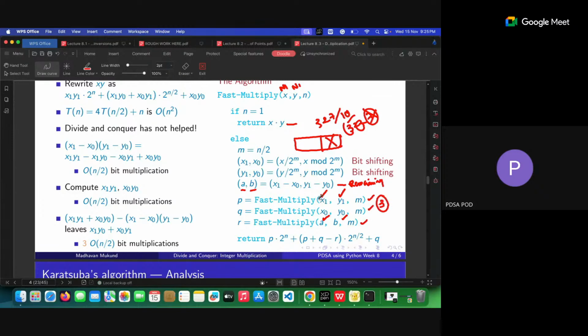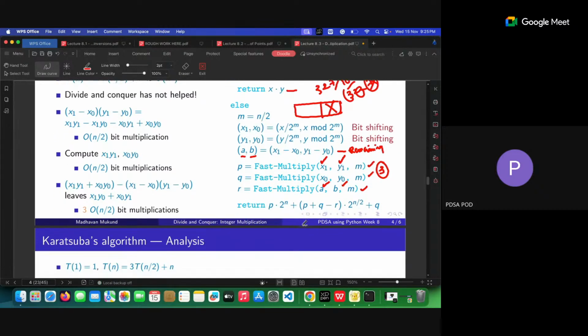Whenever you do the 3 multiplications, this is the C, look here. P and Q are 1 and 1. What do you call across boundaries? Across boundaries are after subtracting, and the subtracting is done by bit shifting.